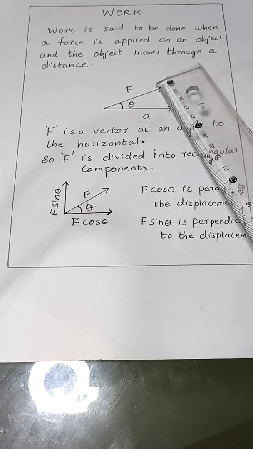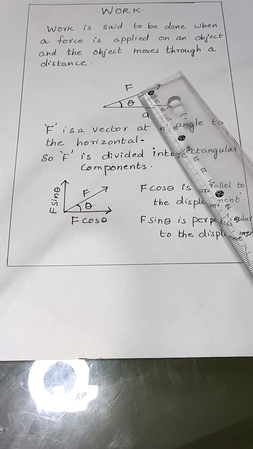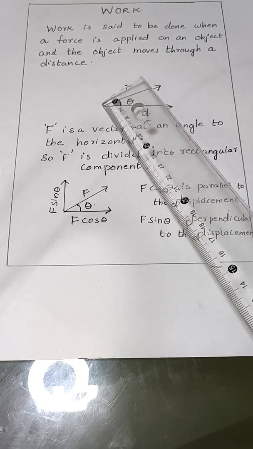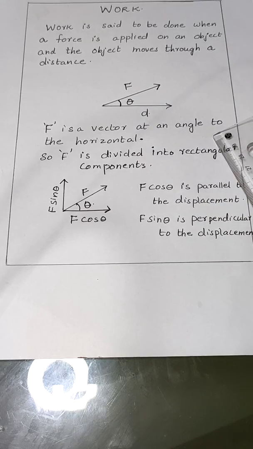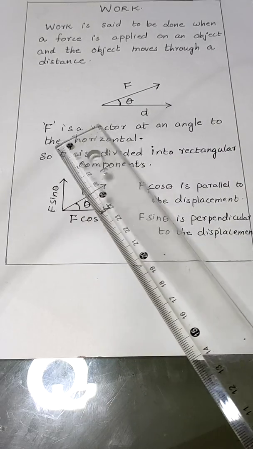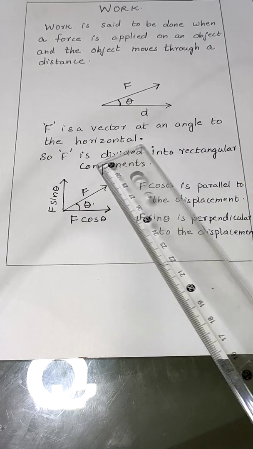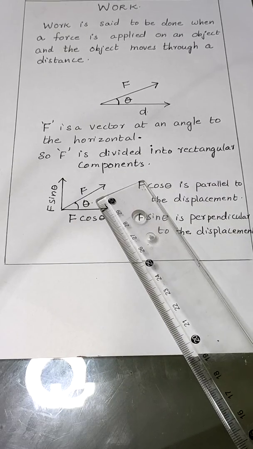The force F is applied in a direction at an angle theta with respect to the horizontal, and the displacement is along the horizontal. So we know that force is a vector, and since it is making an angle with respect to the horizontal, the force can be divided into rectangular components.